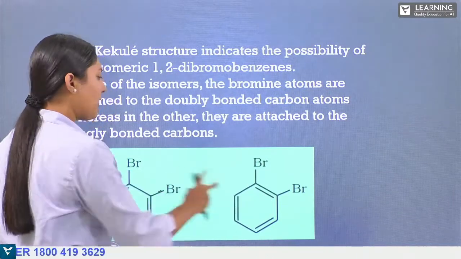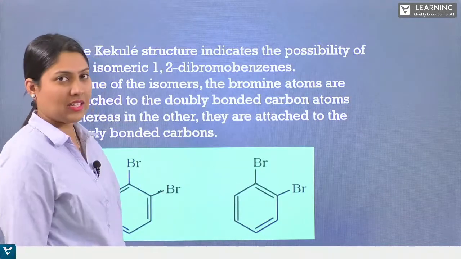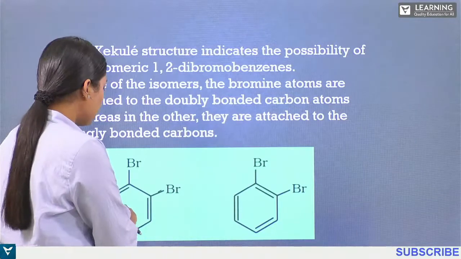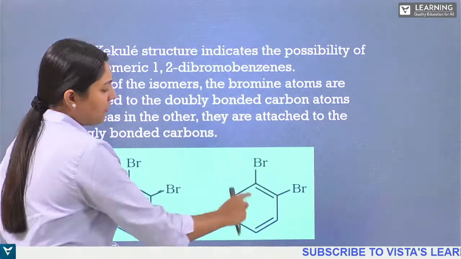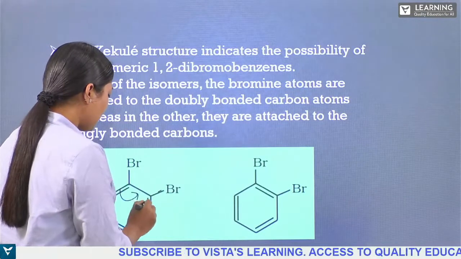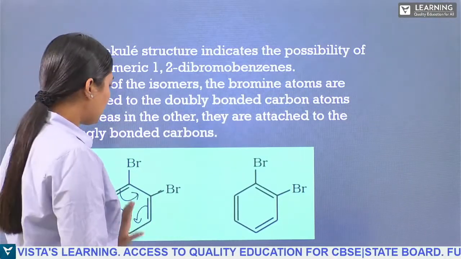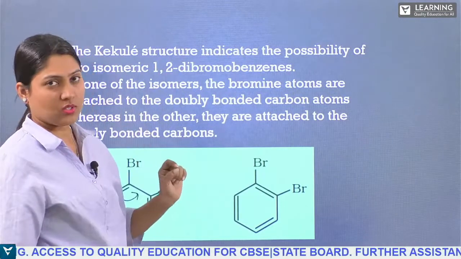So does it have any difference in the structures, or any difference exactly? No, because the benzene ring has delocalized pi electrons and they will be shifting. So these are the two types where Kekule gave the structure.